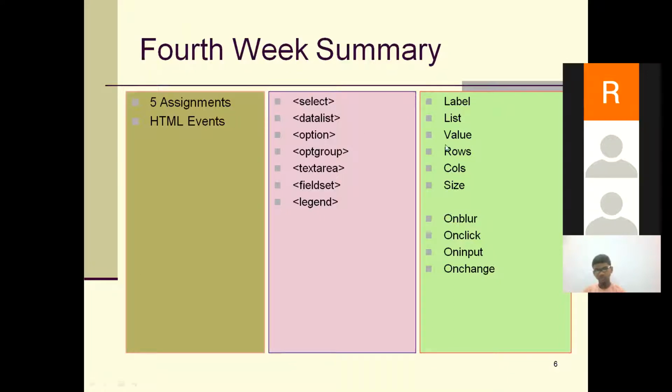We also learned some attributes like list, which is for the data list, and the value attribute to display the value. Rows and cols are for text area, and size applies to select and text area. And we learned about the events onblur, onclick, oninput, and onchange.